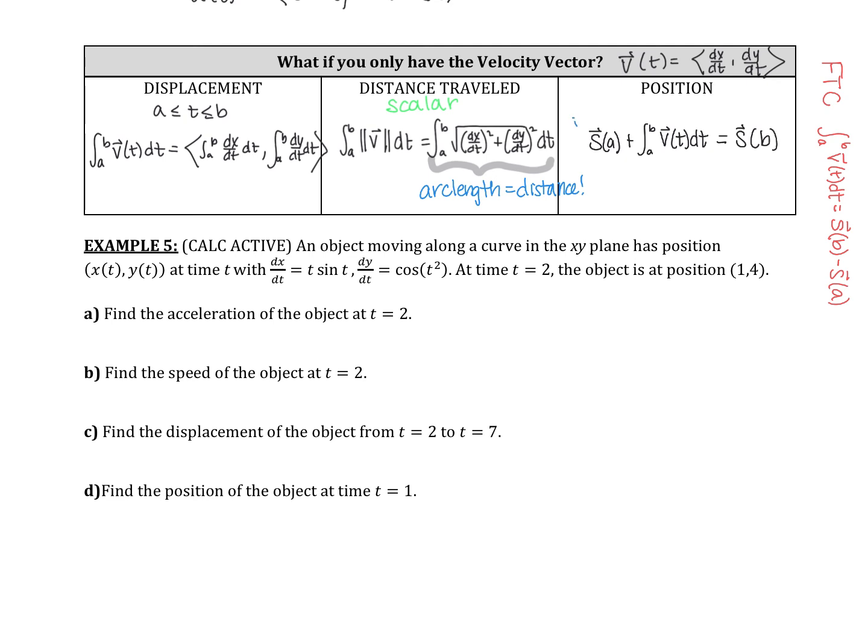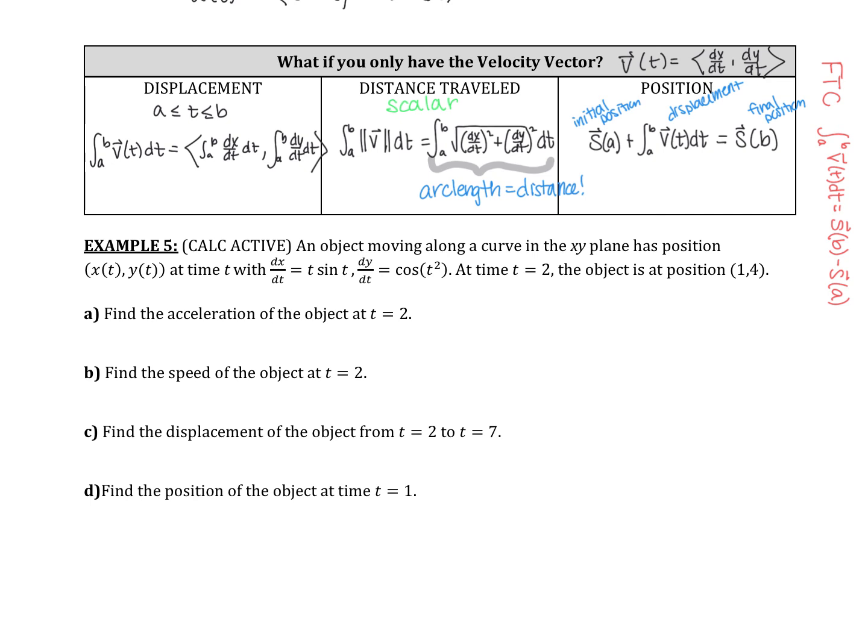This is my initial position. This is my displacement. And this is my final position. So we can see that the position that I end up in is dependent on where I began and how much change has happened, how much I've been displaced from my initial place. And that is position.